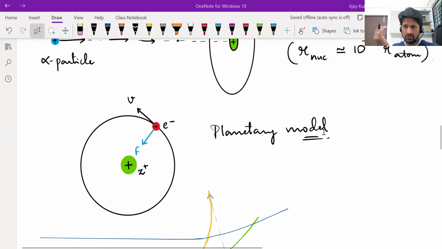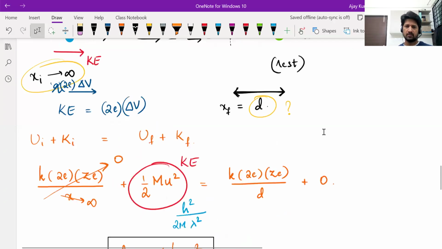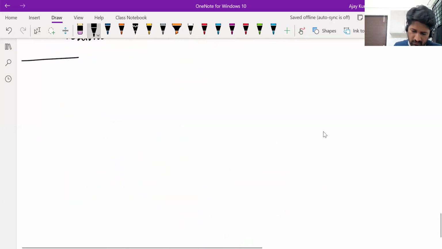And if it slows down, the electrostatic force of the nucleus will pull it in. So the electron should lose energy, slow down, and spiral and fall into the nucleus like this. According to electromagnetic theory, this is what should happen. Rutherford's atomic model could not explain why the electron does not radiate energy. So that is one of the drawbacks of this model.